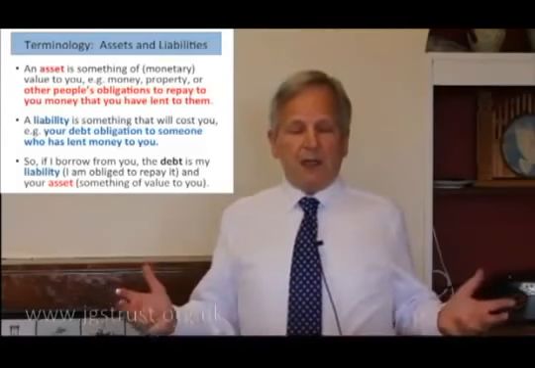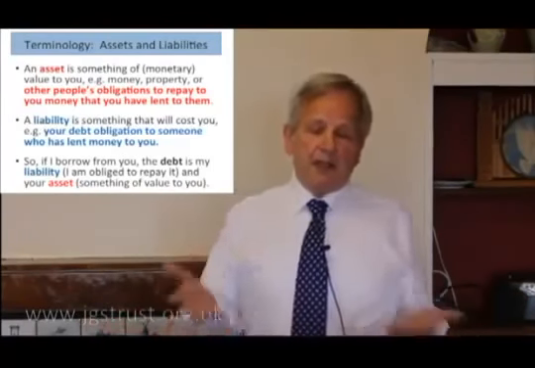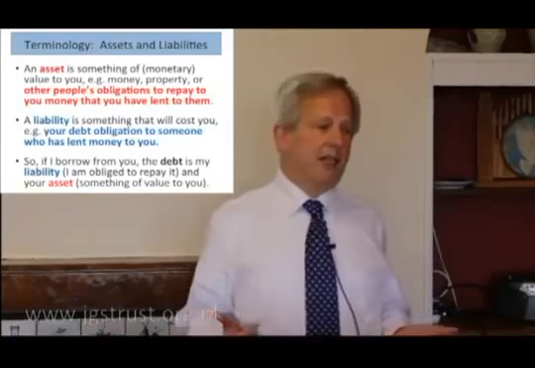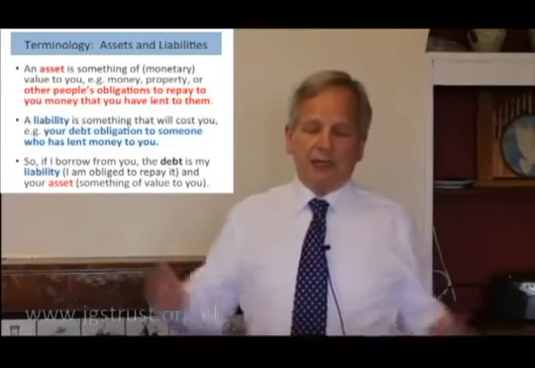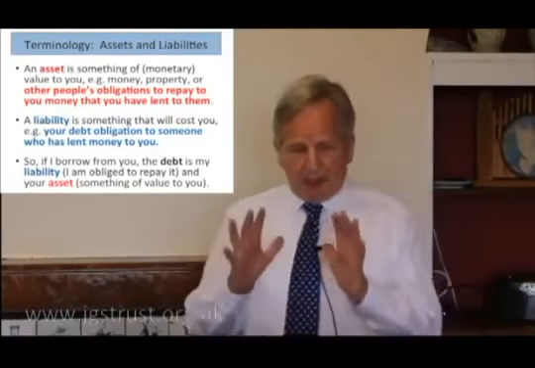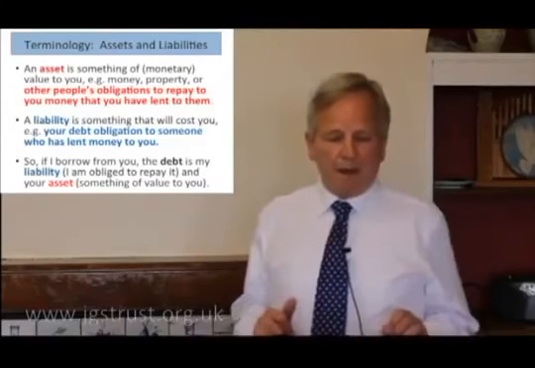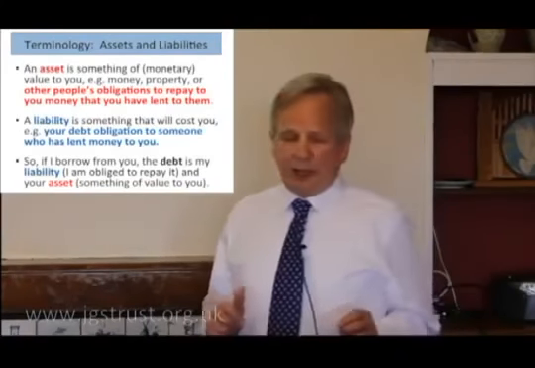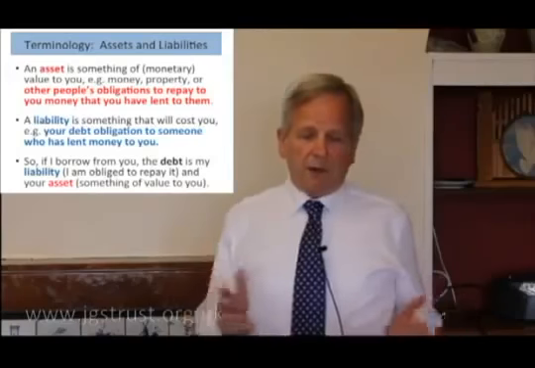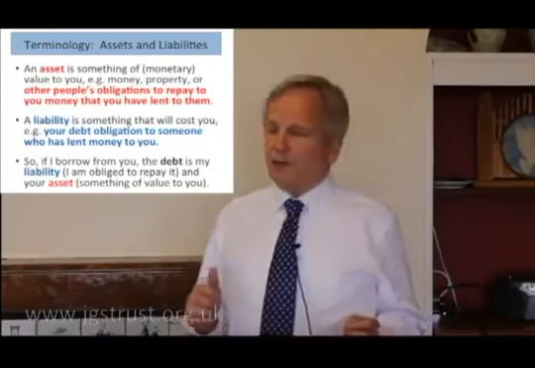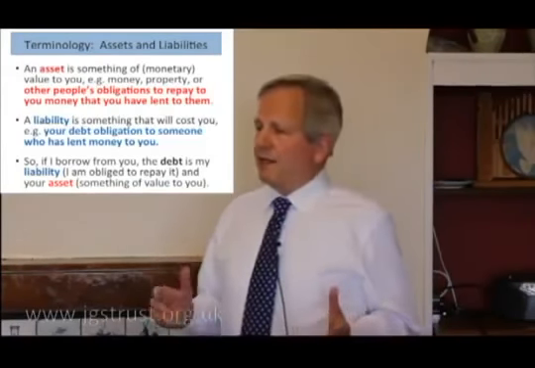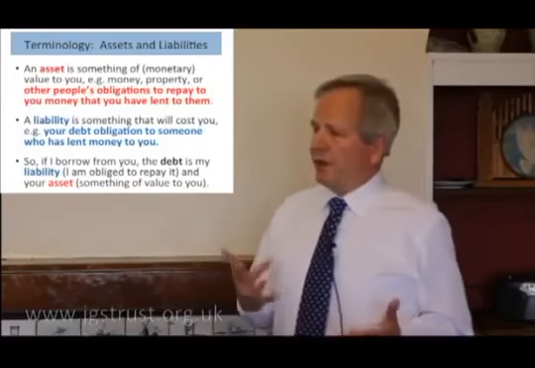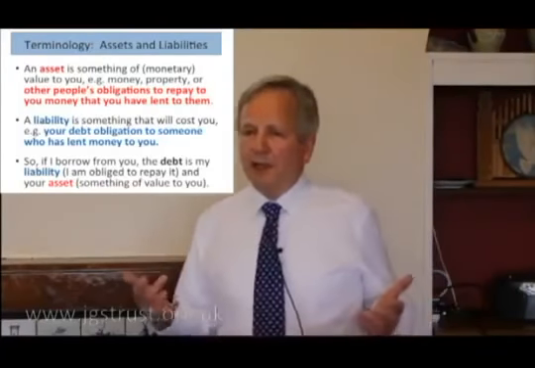So, assets and liabilities. An asset, in our context, we're talking about monetary assets. Obviously, your family is an asset to you, but we're narrowing down to monetary stuff of value, and it can be property, but it also can be bonds or debts, other people's obligations to pay you money at some time in the future.